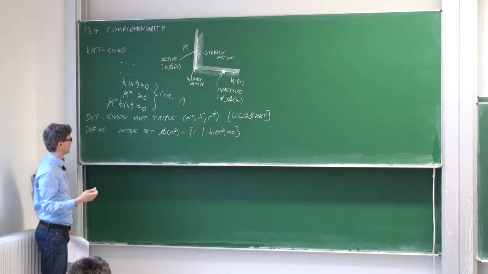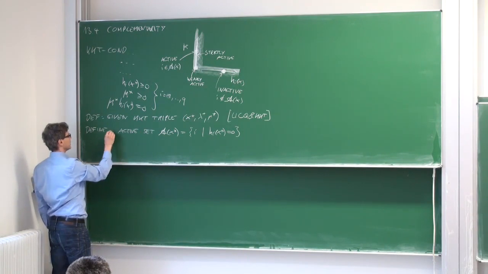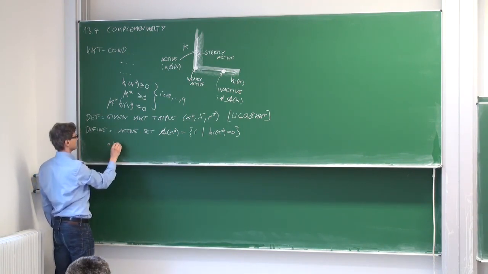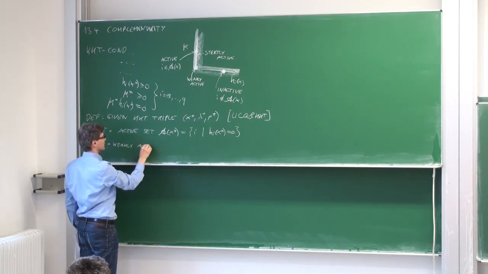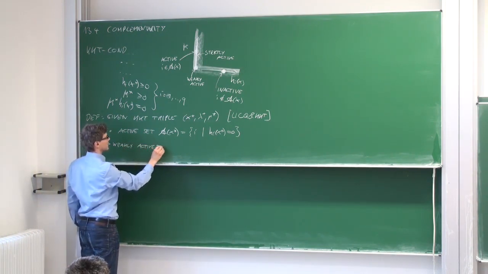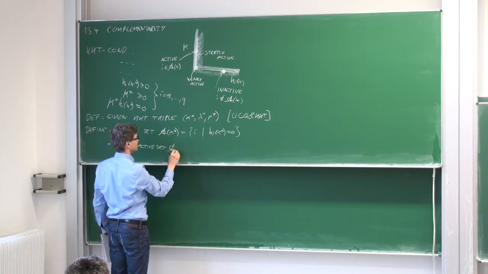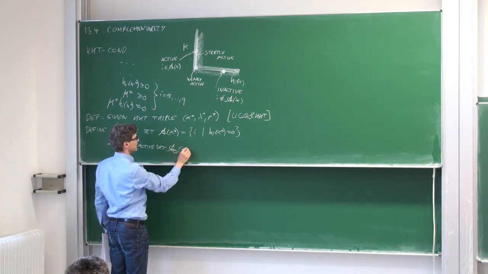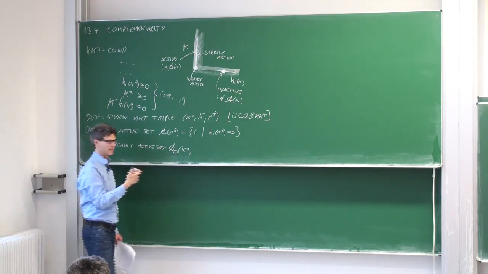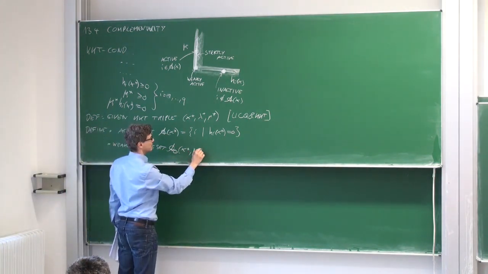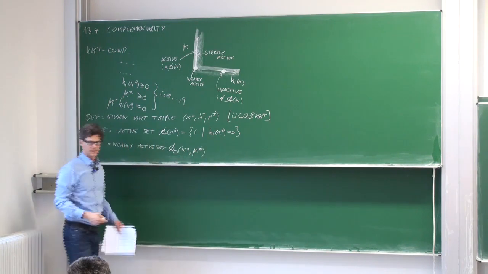We know that already. But we also define the weakly active set, and we call it A_0. It depends not only on x*, but it also depends on the multiplier values. So that's why we need the KKT triple to define it.